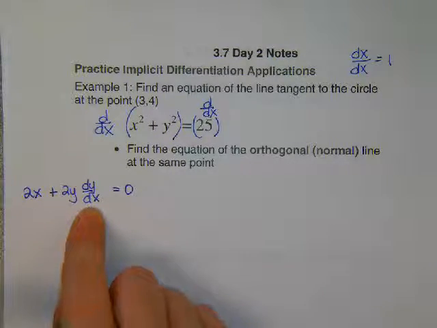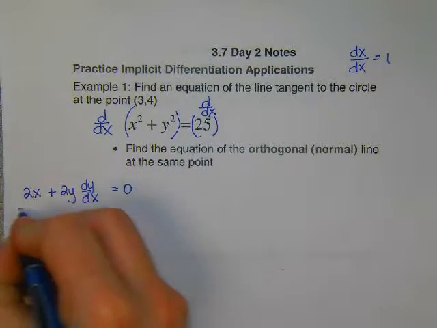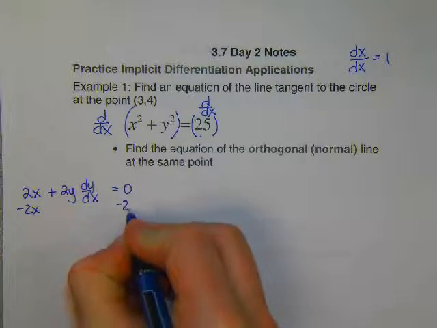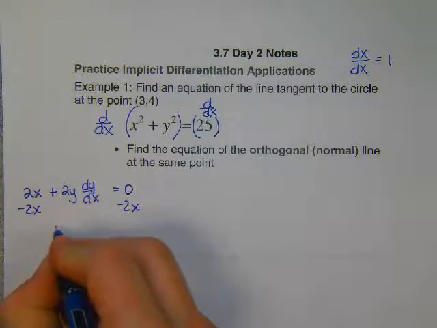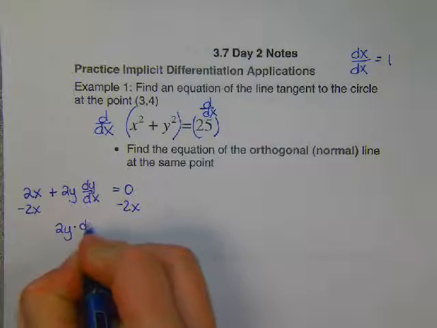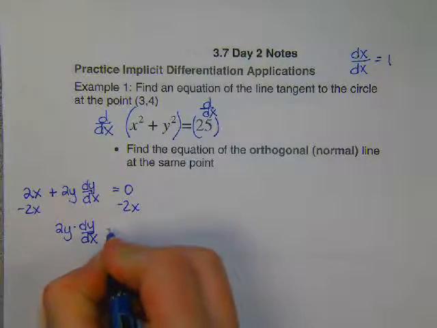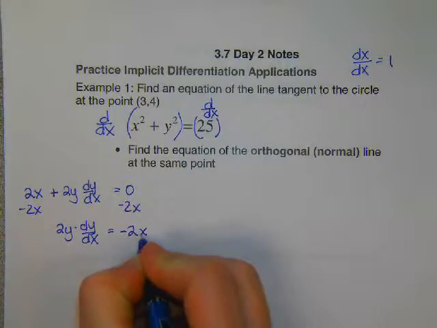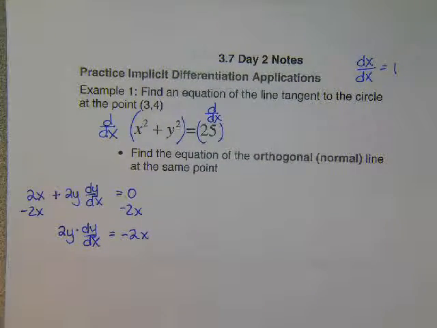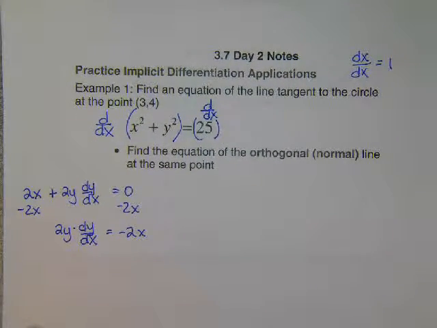So I subtract 2x off both sides of the equation, leaving me with 2y dy dx equals negative 2x. And then I am going to solve, like I normally would, for dy dx.